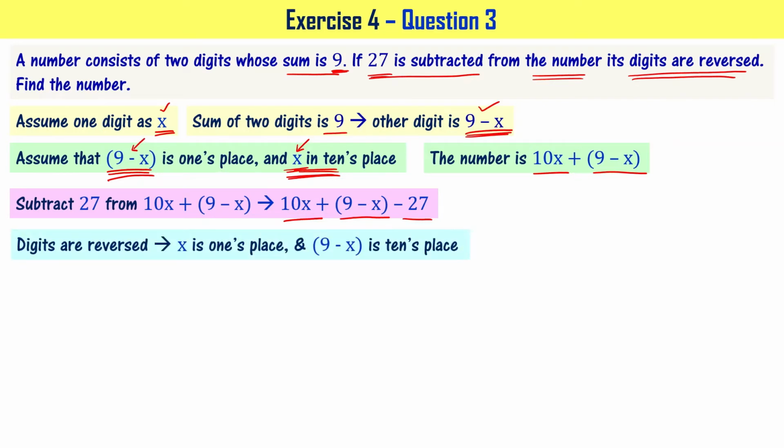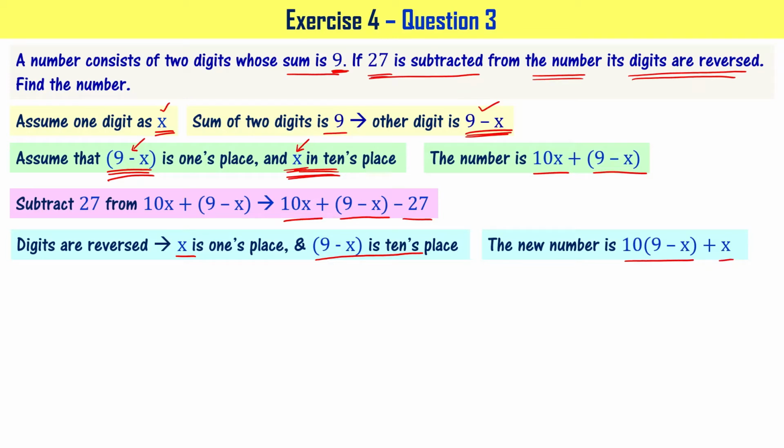The digits are reversed. So x is in ones place, its value is x only. Since 9 minus x is in tens place, its value is going to be 10 times 9 minus x. The new number is going to be 10 times 9 minus x plus x. Got it?